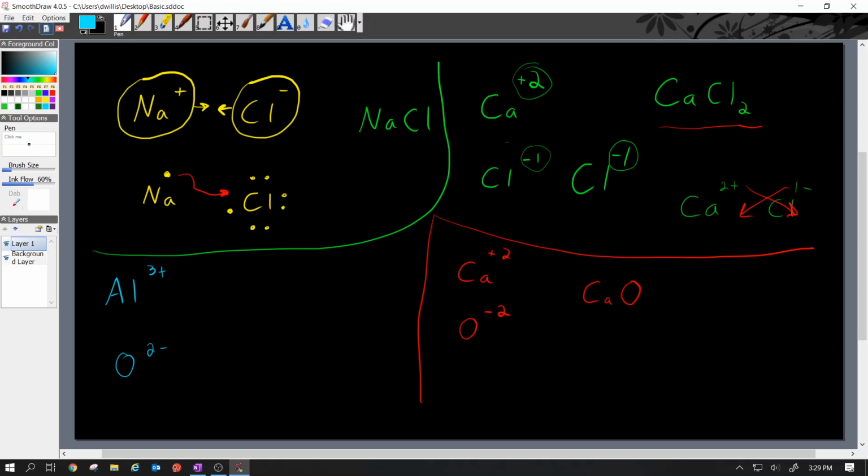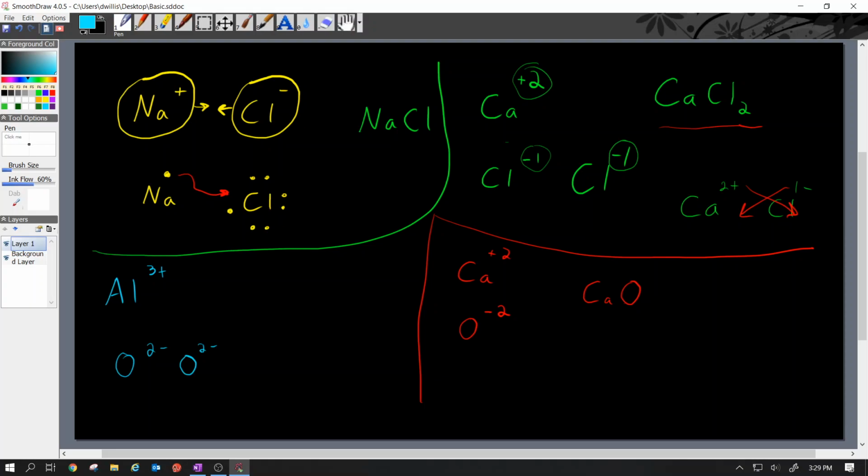No. Hey, now, aluminum +3, oxygen -2. All right? So aluminum's looking to donate 3 electrons. Oxygen's only willing to accept 2. So we bring another oxygen along. All right, well now we've got 1, 2, 3, whoops, but we need a 4th one.